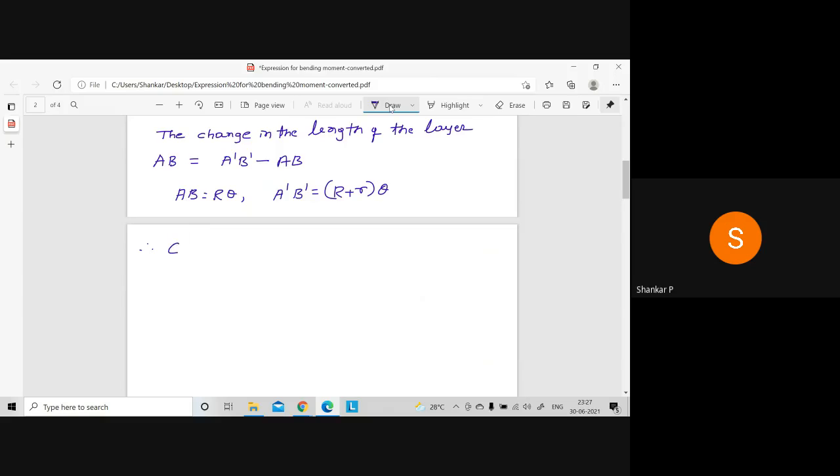So the change in length of the layer AB will be (R plus r) theta minus R theta, which is equal to R theta plus r theta minus R theta. So this cancels, and the change in the length of the layer AB will be r theta.